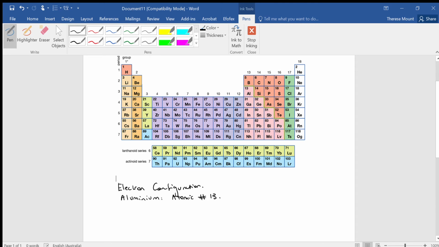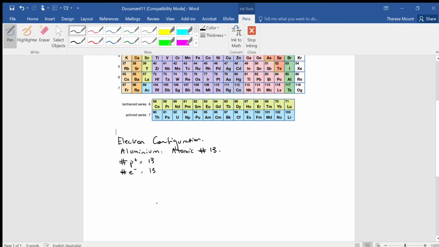So that tells me that aluminium has 13 protons and it's in its ground state here, so no charge overall, so it has 13 electrons. Okay, so let's draw it out. Aluminium, let's find a home for its electrons. First shell, 2 electrons.